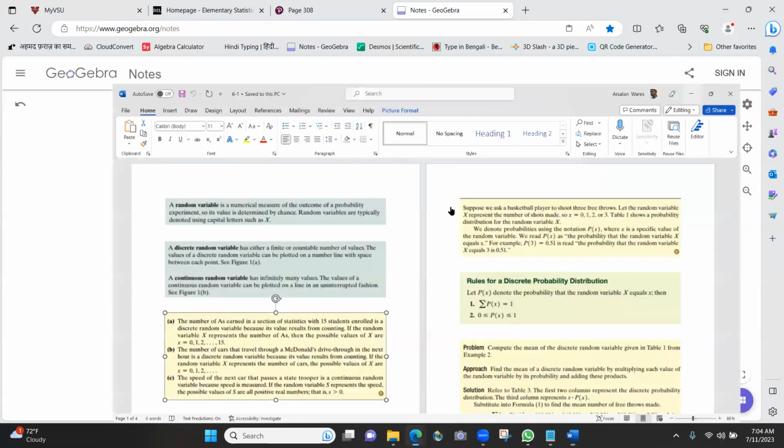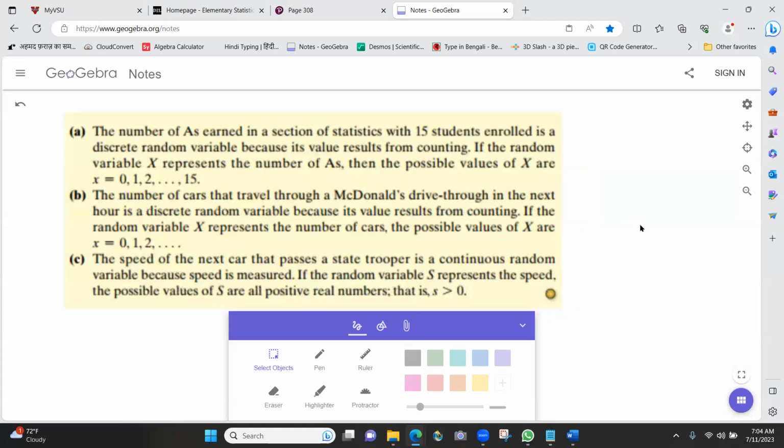So let's look at some examples. The number of A's earned in statistics class. All the students can get A's, that'll be 15. Only 14 could get A, only 13, and so on and so forth. Nobody could get A. So random variable X can take these values 0, 1, 2, 3, 4, all the way up to 15. The number of cars that travel through McDonald's drive-through in the next hour is a discrete random variable.